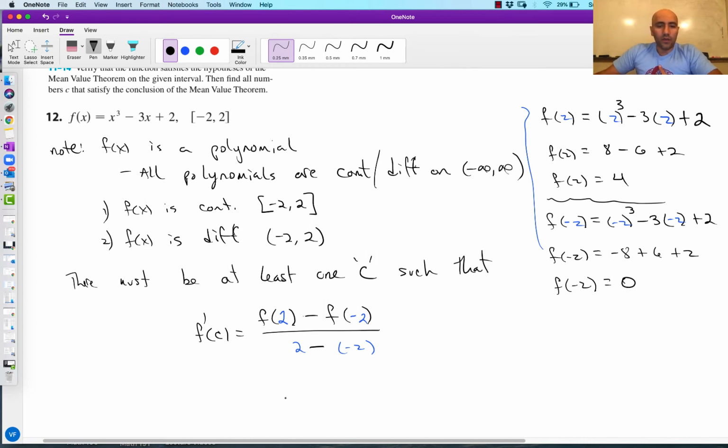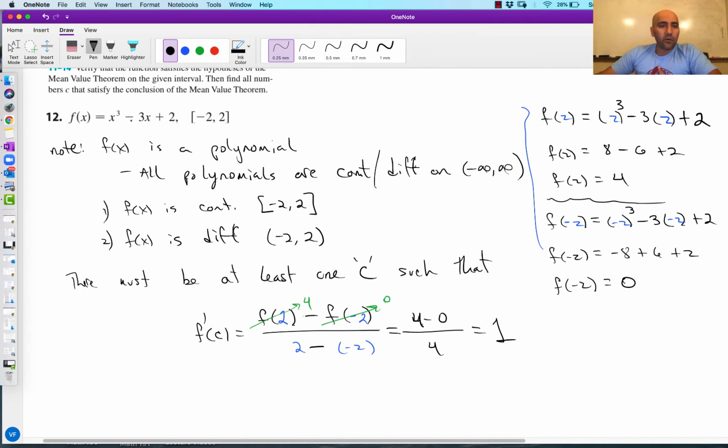Okay, so coming back over here, I can replace each one of these. f of 2 is just going to be this 4, and f of negative 2 was this 0. And so this is going to be equal to 4 minus 0, all over 4, which the whole thing just equals 1.